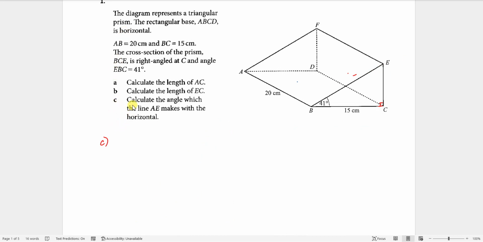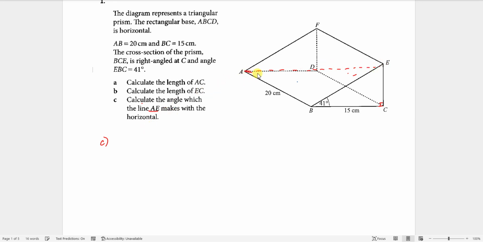Okay, so part C, it says calculate the angle which the line AE. Okay, let's mark the line AE. Sorry, it's not a straight line, but I retry it again. Okay, much better. AE makes with the horizontal.